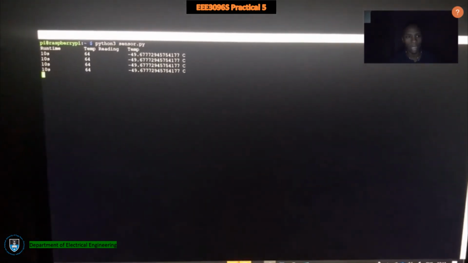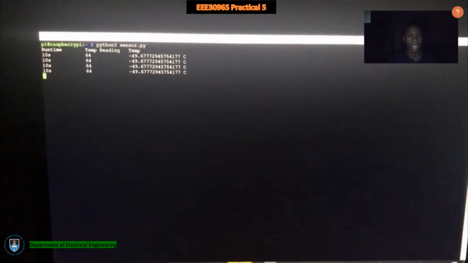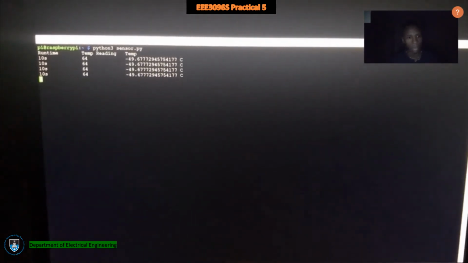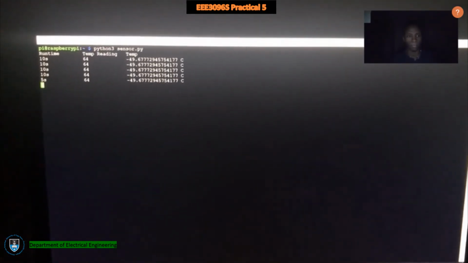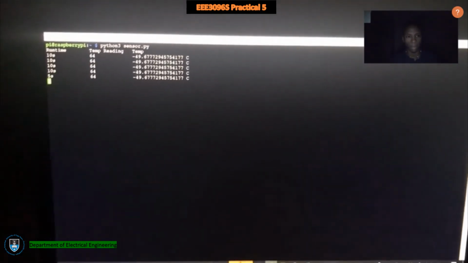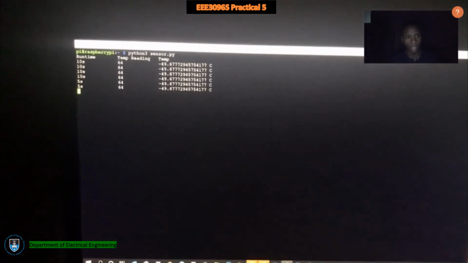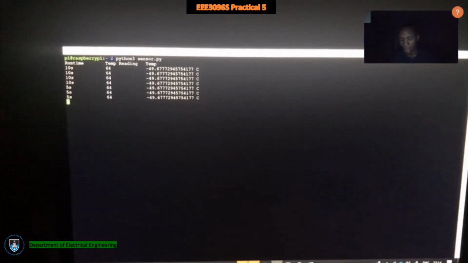Now, as you can see, the results are being given in intervals of 10 seconds. Now we'll click the button. The button is clicked, and we're getting the readings in intervals of 5 seconds.